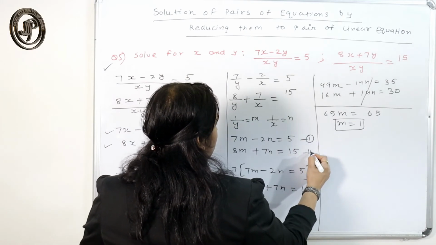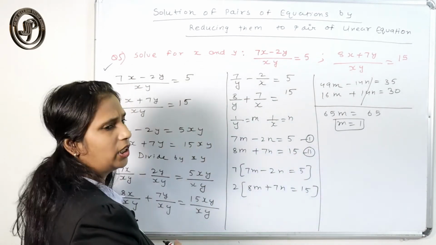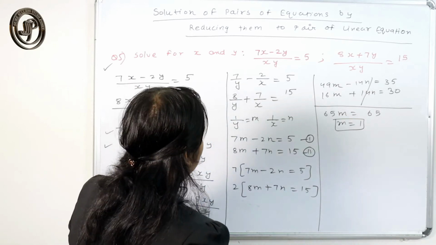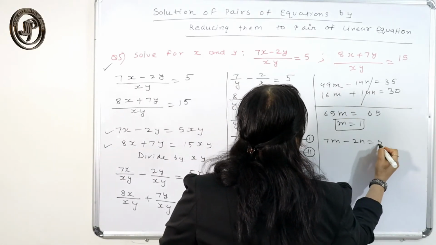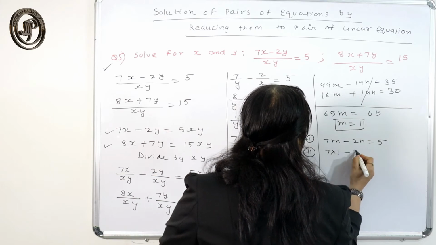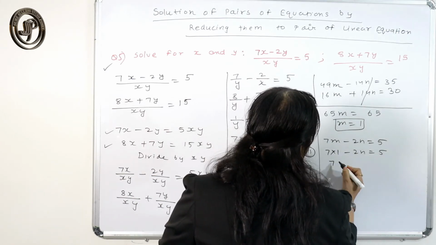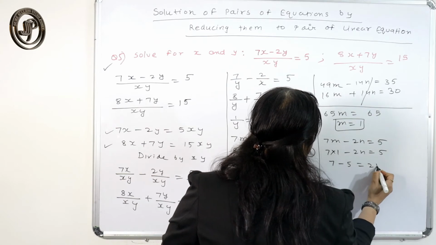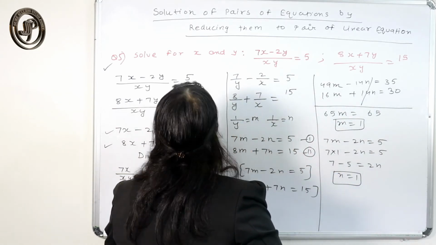Put the value of m in the other equation. We have considered this as equation 1, so I am going to substitute the value of m here. Okay, so 7 minus 5 is equal to 2n. So n is equal to 1.